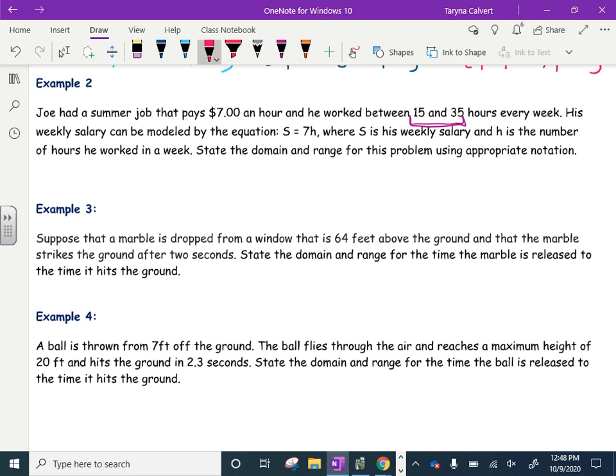This one we're specifically wanting to know how much between 15 and 35 hours. So that will be the domain. In this scenario, our domain is between 15 and 35.